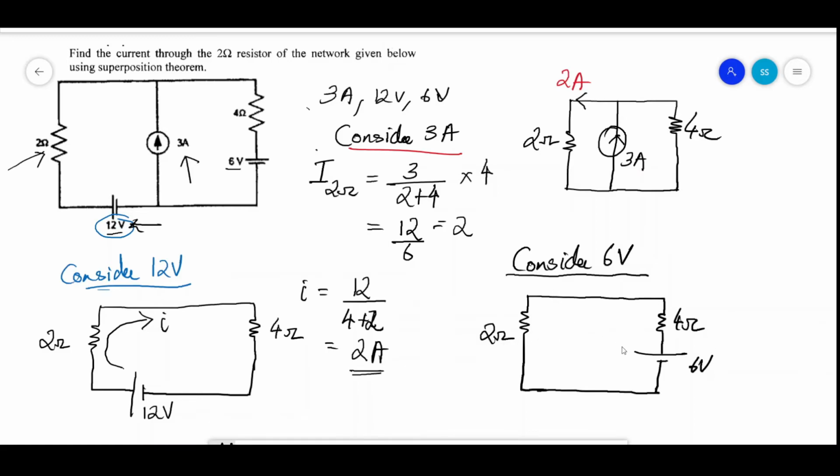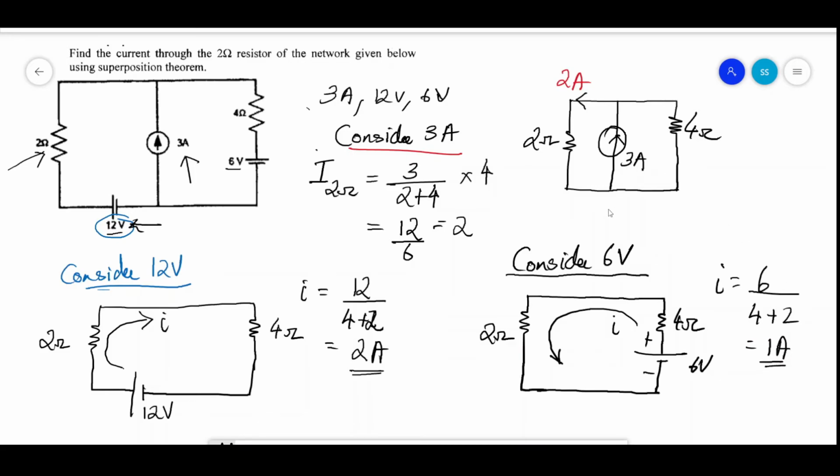The current in this case will go in the anti-clockwise direction because the positive is here and the negative is here. So the current I is equal to 6 divided by 4 plus 2, because 4 and 2 are in series, that is 1 ampere.